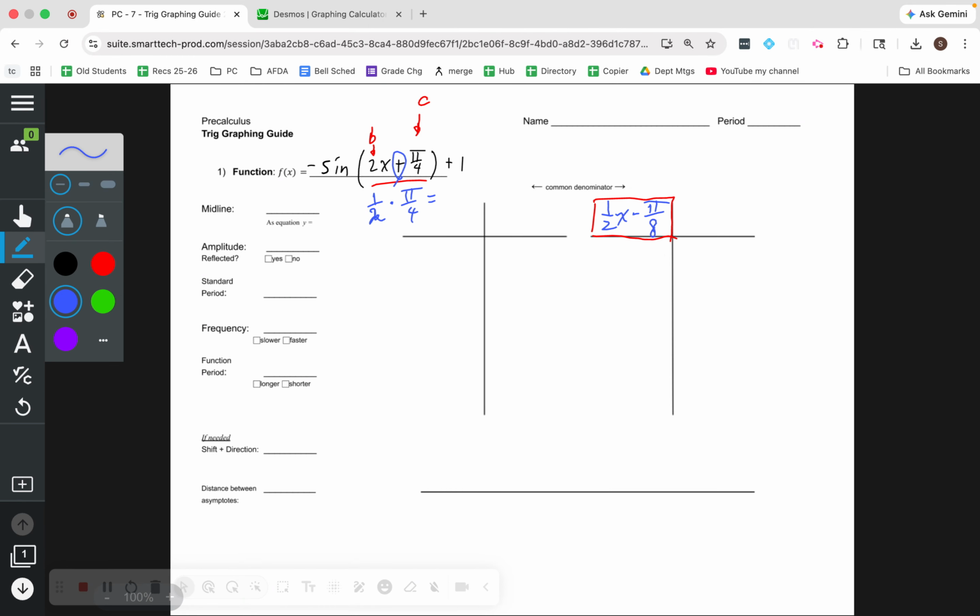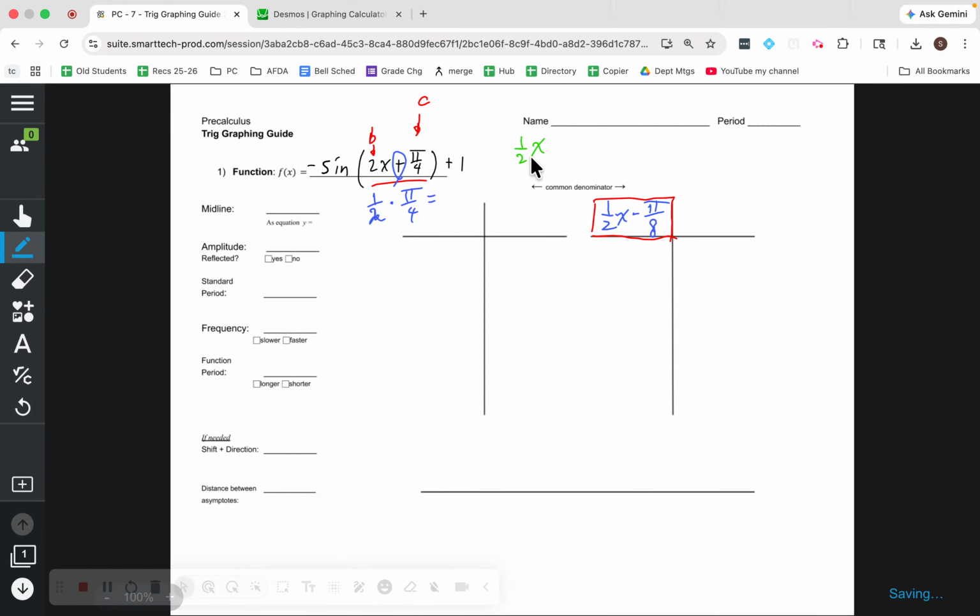Okay? If your b is a fraction, if it had said 1 half x plus pi over 4, 1 over b is simply the reciprocal. So 1 over b ends up being 2. That gets multiplied to the c to find the actual phase shift. Okay?